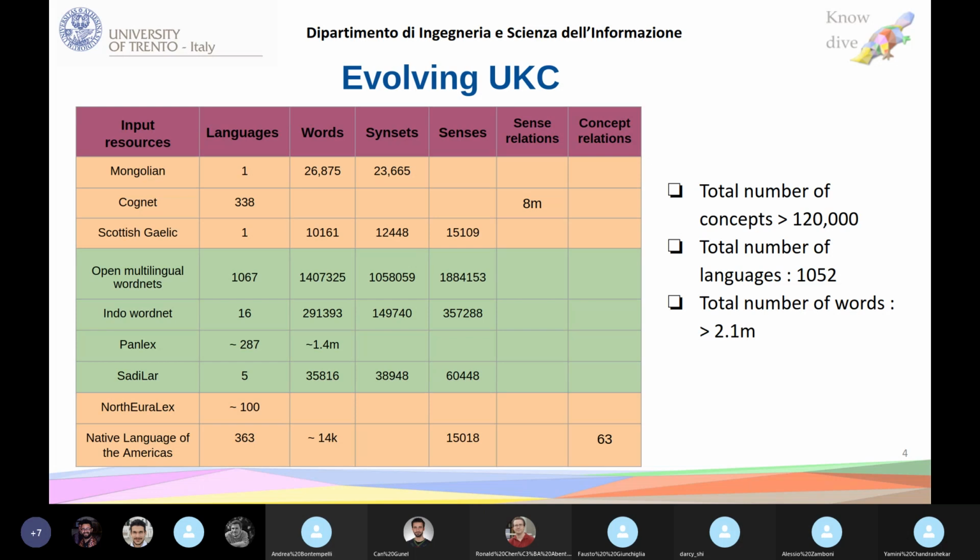The other resource is the Cognet, which provides sense relations, basically cognate pairs, which connect two words having the same meaning in two different languages. The third resource is the Scottish Gaelic.